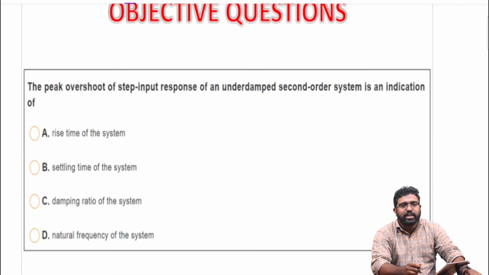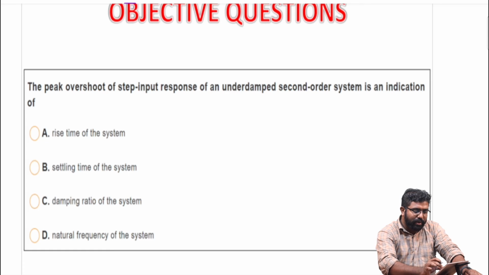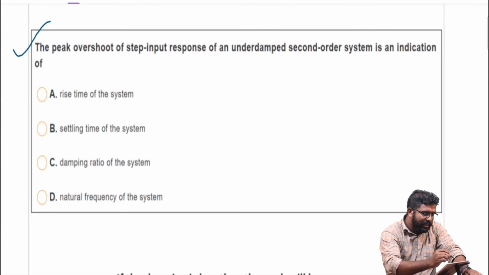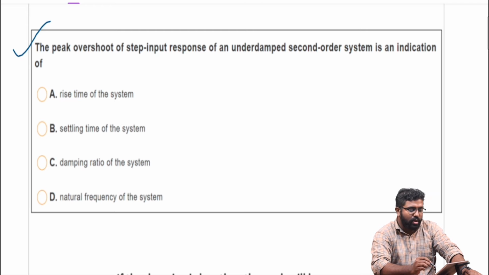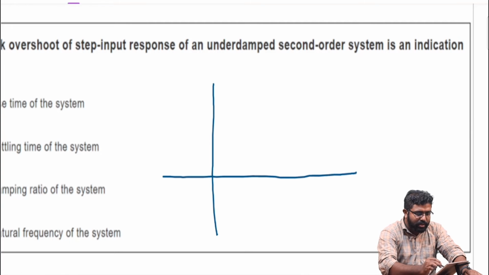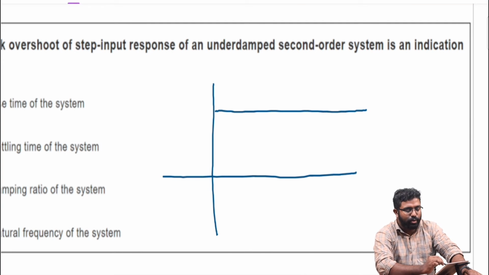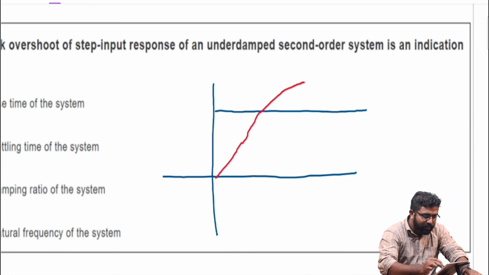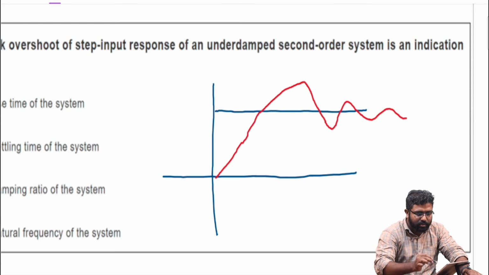Now we are going to discuss one simple question from a previous engineering services examination. The peak overshoot of the step input response of an underdamped second order system is an indication of what? You know what peak overshoot is. Suppose this is my desired input, and the system response is like this, giving oscillations.